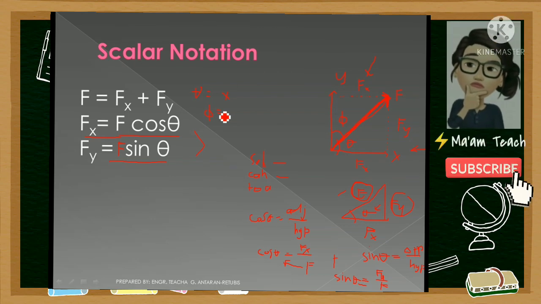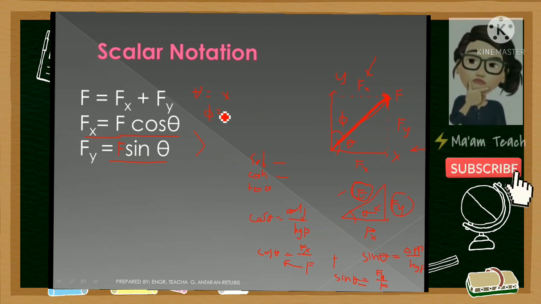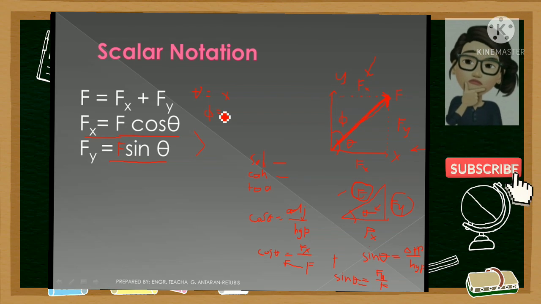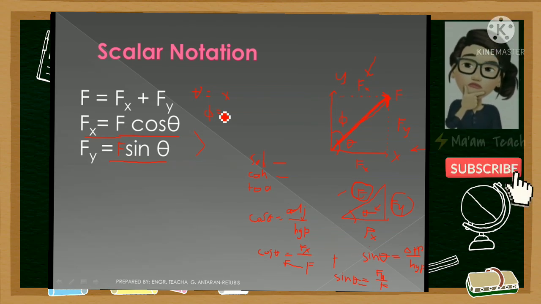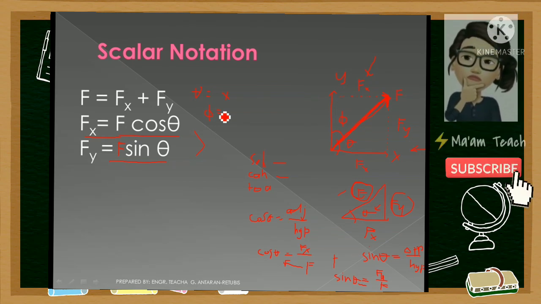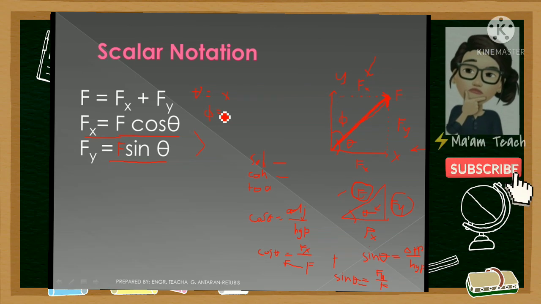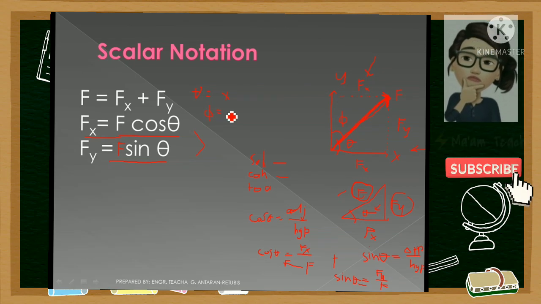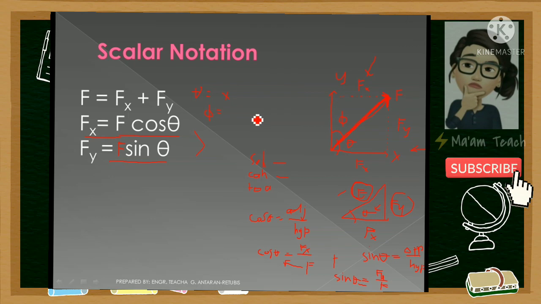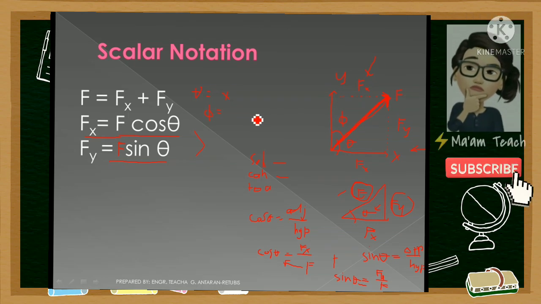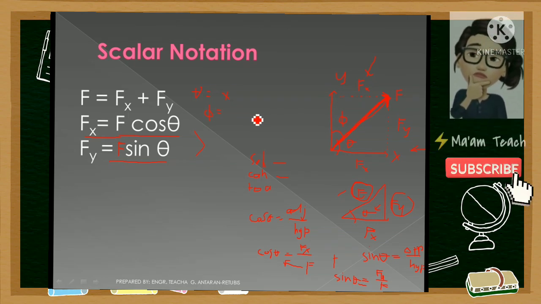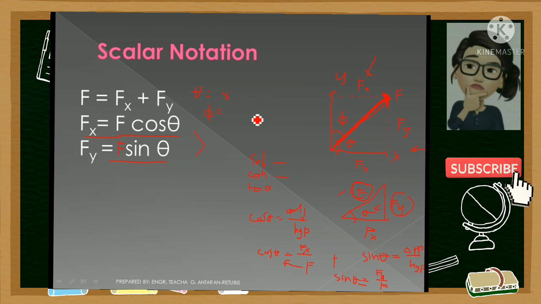I just use it to represent the angle from the y-axis. There are problems that use other symbols like beta or alpha whatsoever. As long as you remember that there exist angles that are with respect to x and also with respect to y.